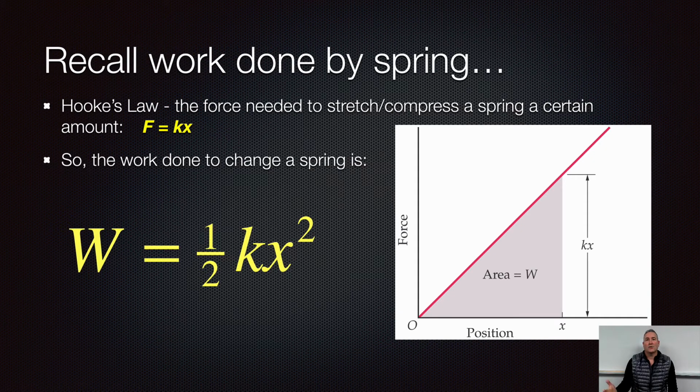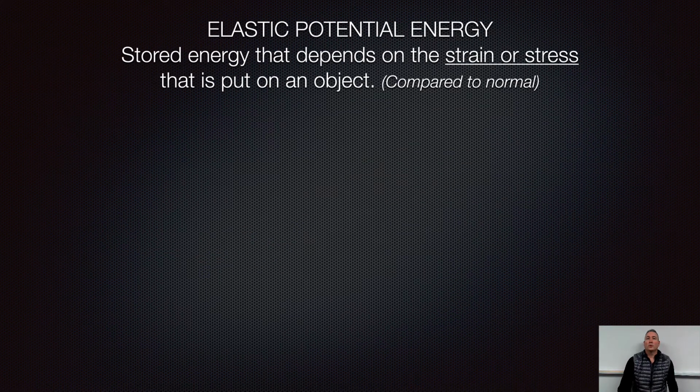And that tells us how much work is done based on the changing resistance of something like a spring. So we can use this formula just like we do with lifting something. The potential energy in a spring is equal to the work done on the spring. So we call that elastic potential energy.